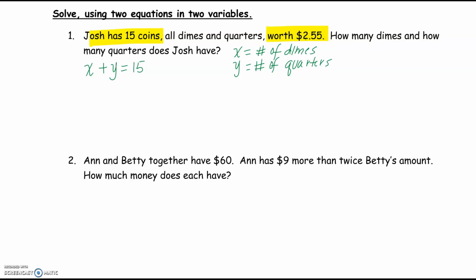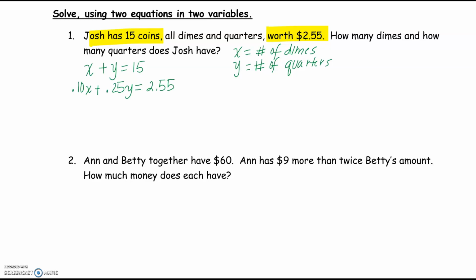So we know the value of a dime is 10 cents. So 10 cents times the number of dimes, which is x, plus the value of a quarter, which is 25 cents, times the number of quarters, equals $2.55. We now have a system of equations.